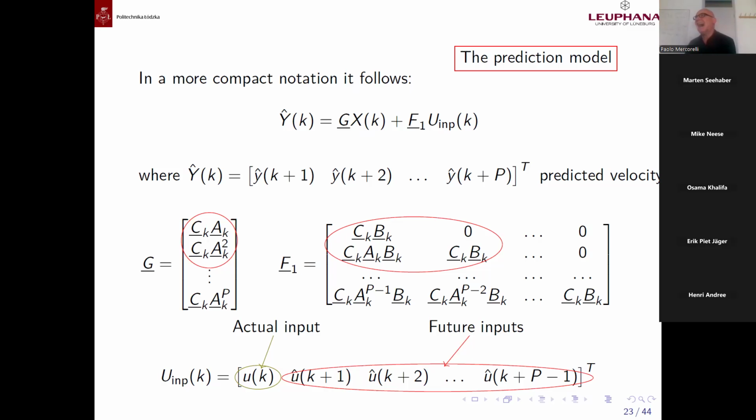Of course, at each step of this receding horizon, I will clarify the meaning of receding horizon. It's a horizon which is moving. Better to say moving horizon. Moving horizon is the correct expression.